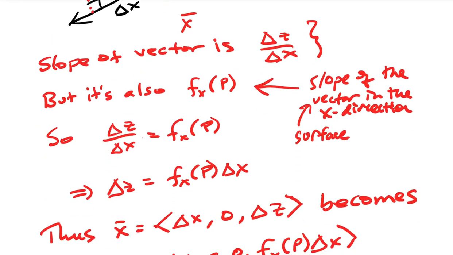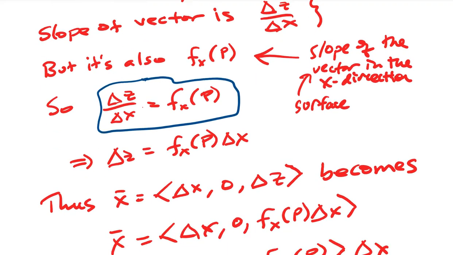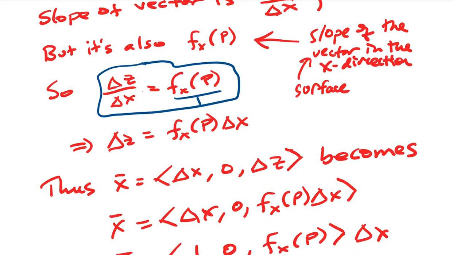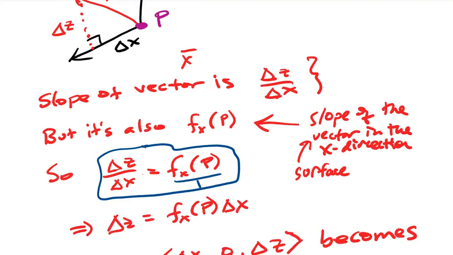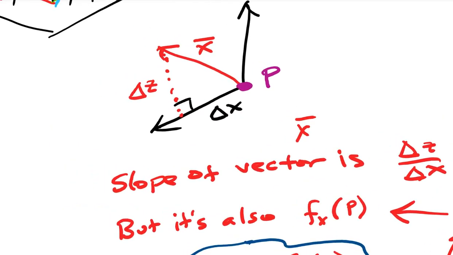So delta z over delta x equals f sub x. If I cross multiply, delta z equals f sub x at my point P times delta x.